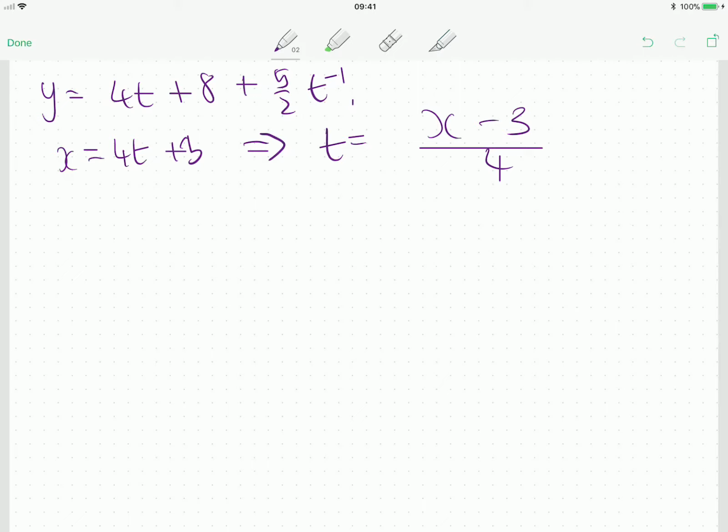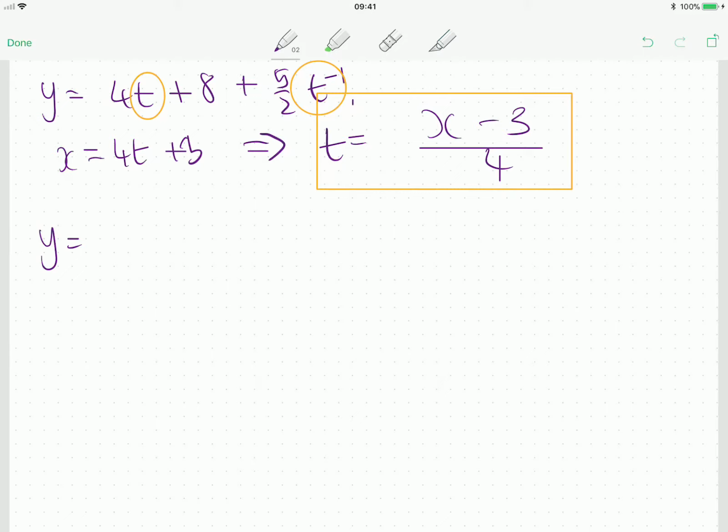What we're going to do is substitute this into here and here, and everything on this right hand side will then be in terms of x.